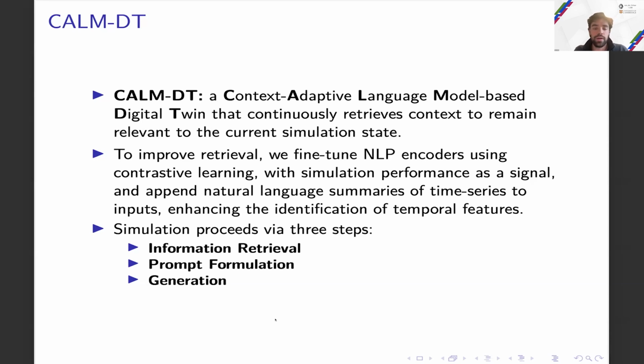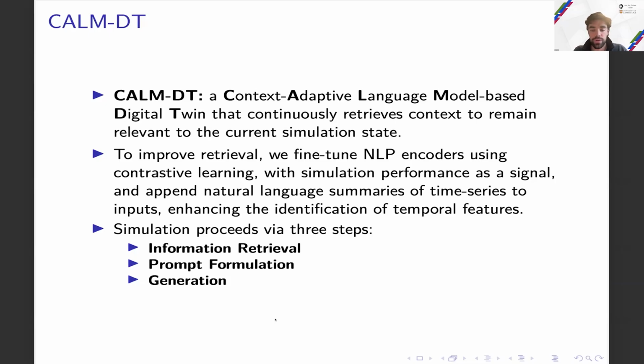And we do that across a number of candidate samples, and that allows us to rank the candidate samples by how good they are. Then using contrastive learning, we can essentially shape the embedding space of pre-trained natural language encoders so that the target trajectories are placed close in embedding space to candidate examples that improve simulation performance.